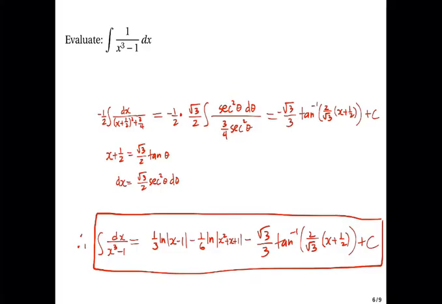Therefore, the integral of 2x to the 4 minus 8x plus 12 divided by x to the 4 plus 4x squared dx equals.